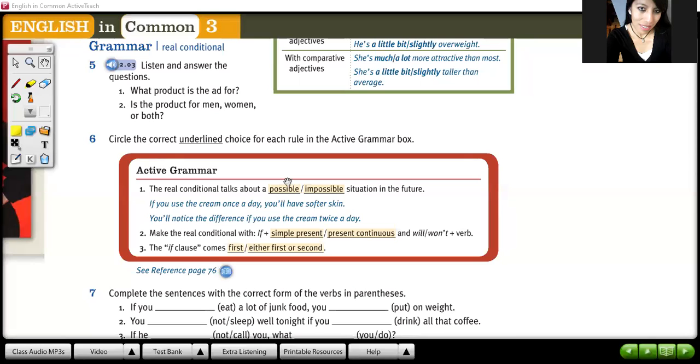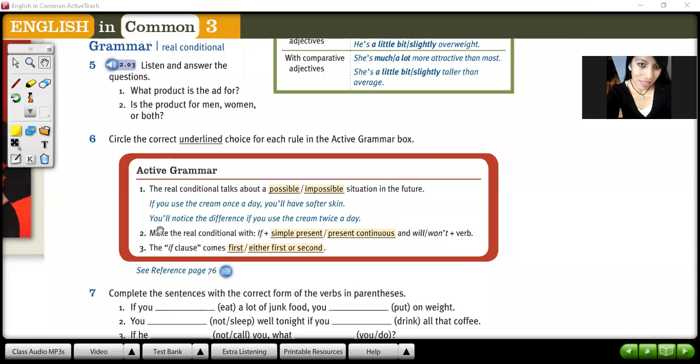What else? Another sentence. The second sentence, read please, Carolina. Teacher, read the second sentence. You'll notice the difference if you use the cream twice a day.